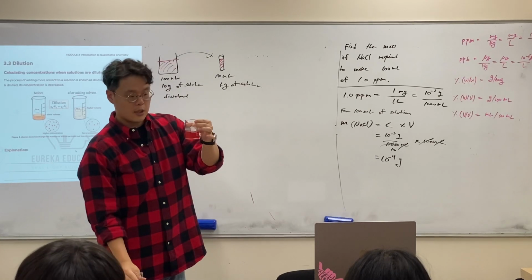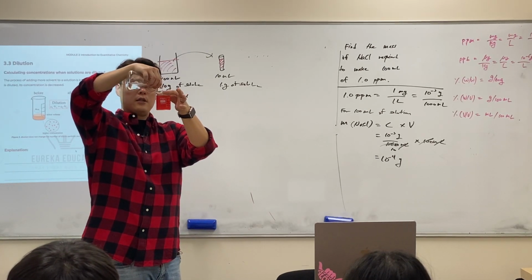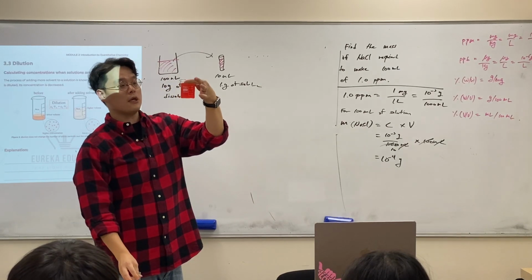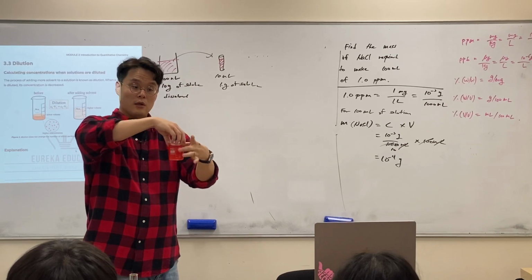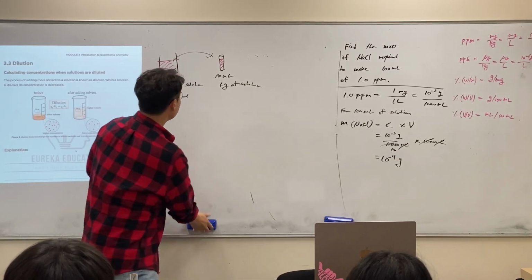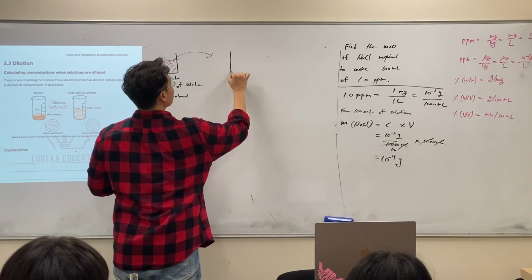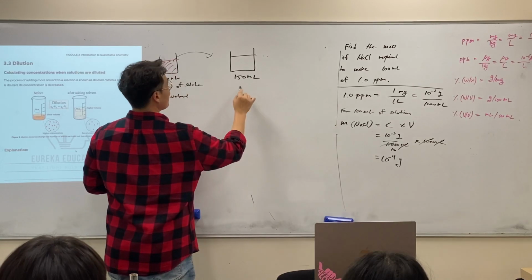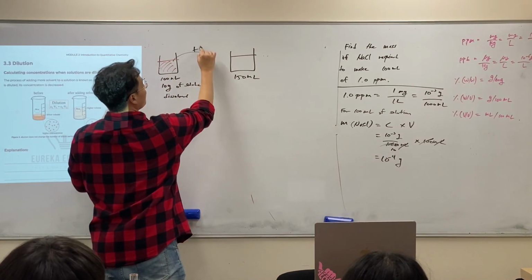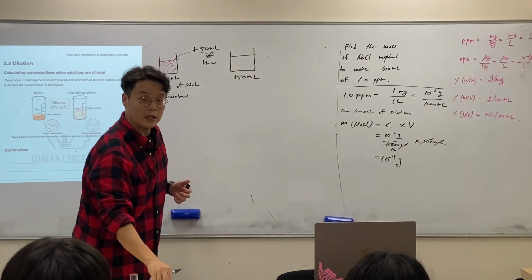What I'm doing is putting extra water there, making it up to approximately 150 mils. I made 100 mils into 150 milliliters by adding 50 milliliters of H2O. That's what I have just done here.